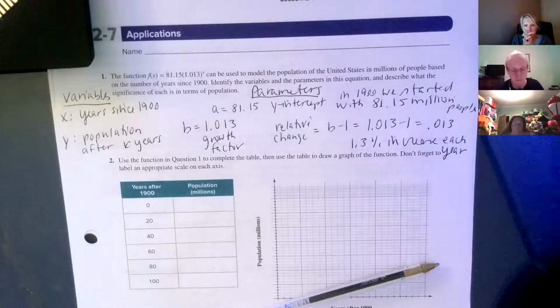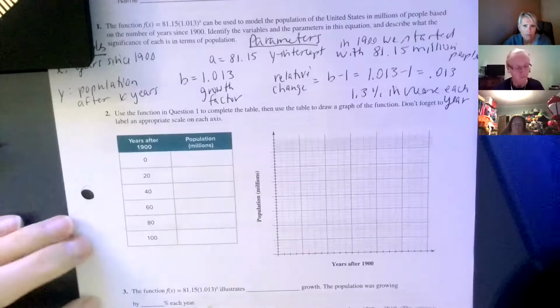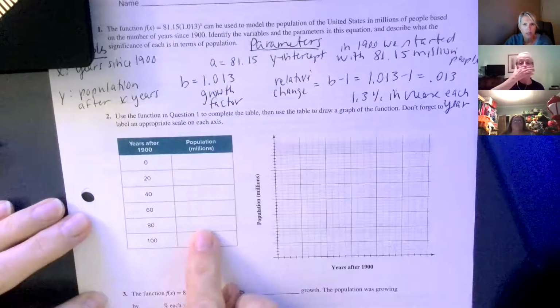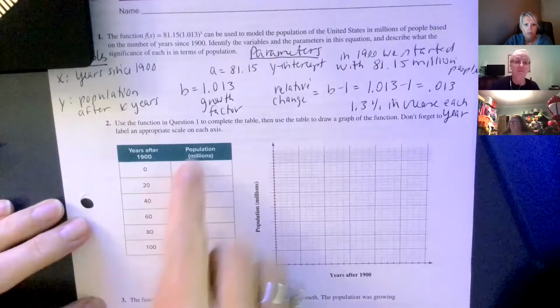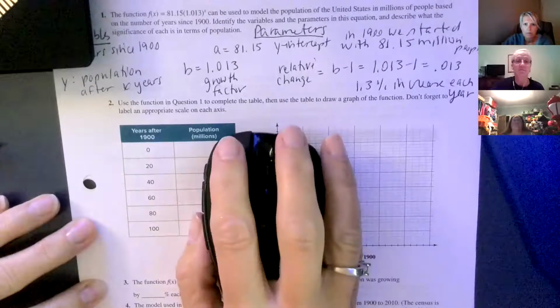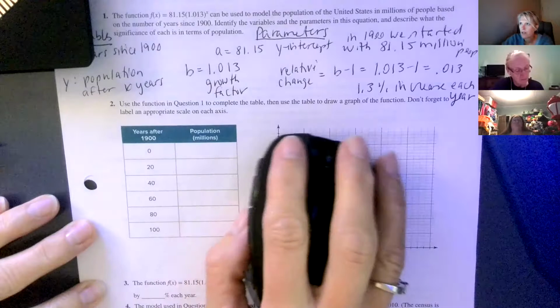And now I'm going to send you the Desmos. It says use the function to complete the table. So we're going to go to Desmos, put in our equation, fill in the table.